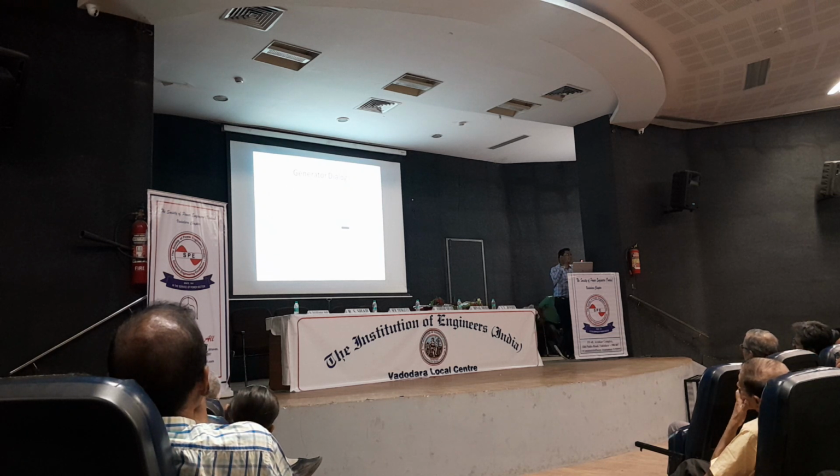So let's say you are setting 100 megawatt, then you also have to define the maximum and minimum limits of generation of active power, as well as the reactive power: what will be the maximum reactive power and what will be the minimum reactive power generation. And there are two further options.